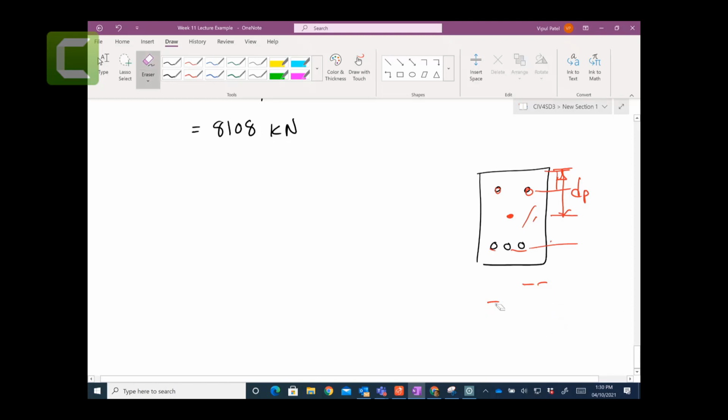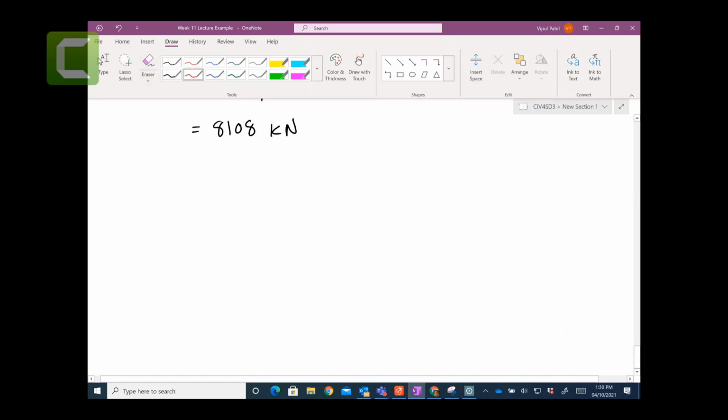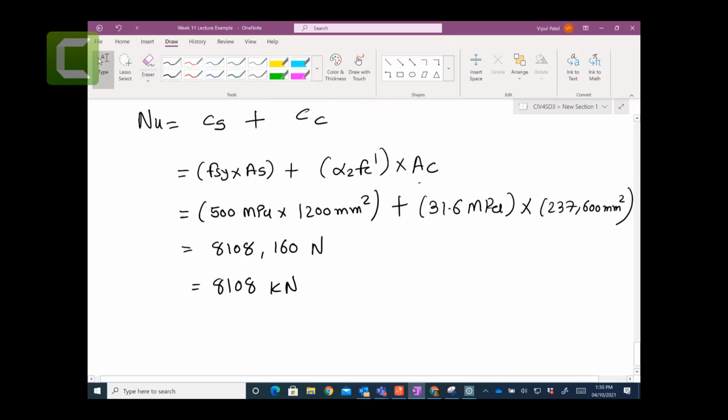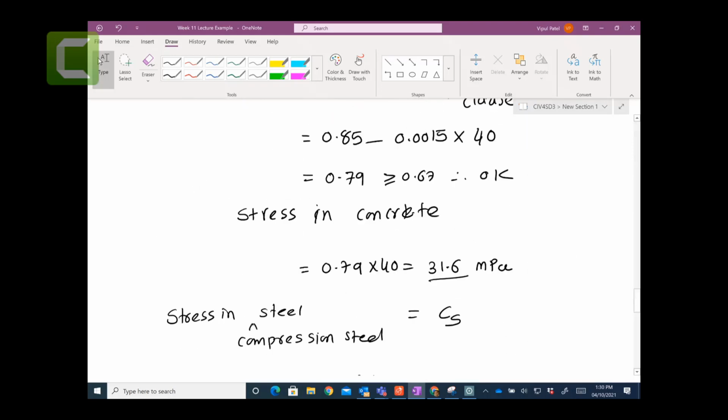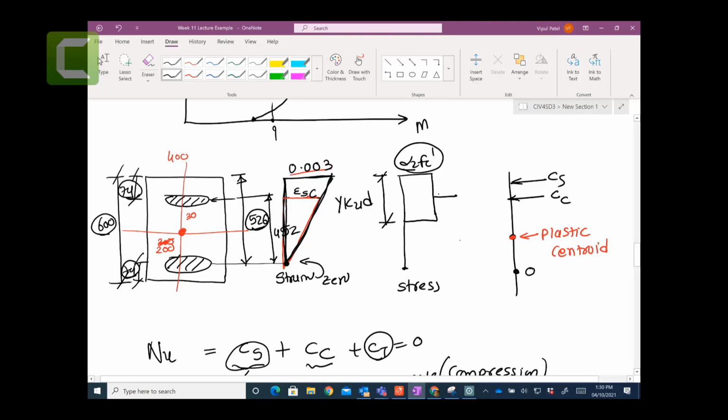But in our example, we don't need to calculate the plastic centroid dp because it's not given, but it's symmetric. So we just know that when these forces act, they will be in this one. So this plastic centroid would be at 300 millimeters because that is just in the middle. Now this distance is 74, you know that, right? So this is 74.